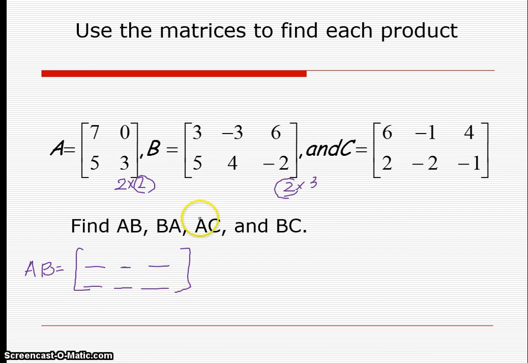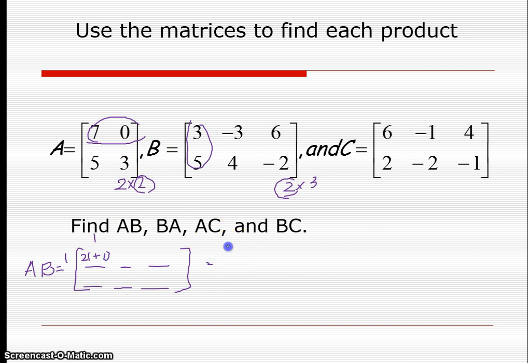When I do this, the way I multiply it is, say for this first row, first column, so this first element here, I'm going to use this first row and this first column. And I'm going to start with 7 times 3, and then 0 times 3, and I will be adding those.